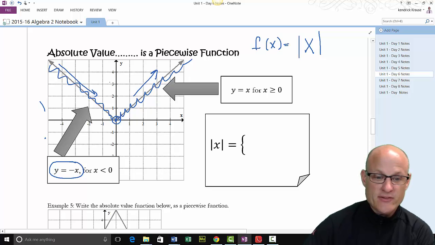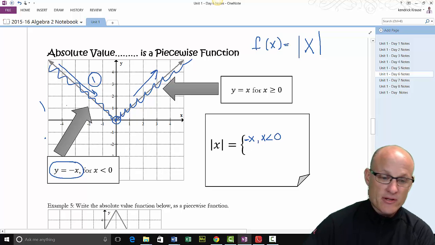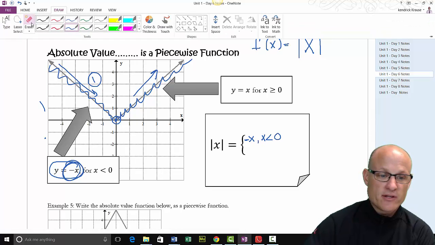So the first piece, this piece over here, is equal to negative x so long as x is less than 0. Remember, the equation of this line is negative x. Let me erase that because it's a mess. It's just terrible.